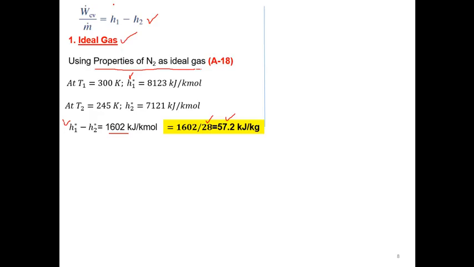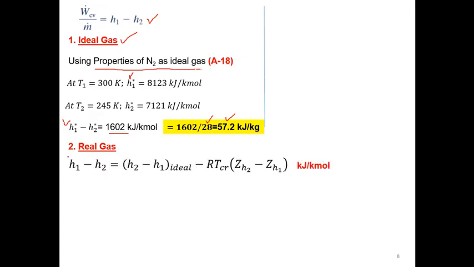Now, in part B, it says calculate the same work output using real gas behavior of the nitrogen. If we consider real gas behavior, then the change in enthalpy between the two states is equal to the difference of enthalpy as an ideal gas minus this term. This term is known as enthalpy departure.